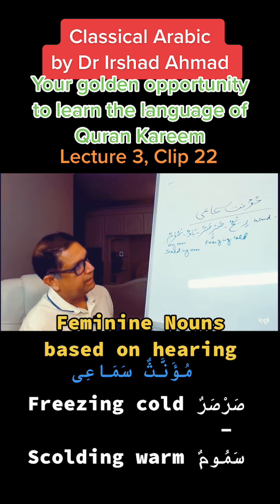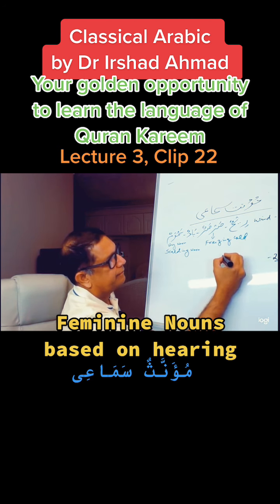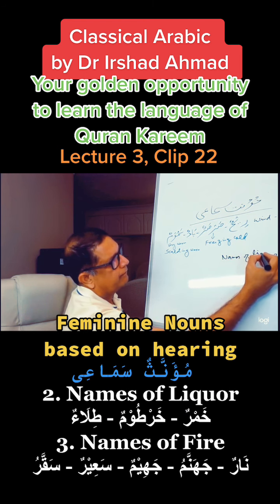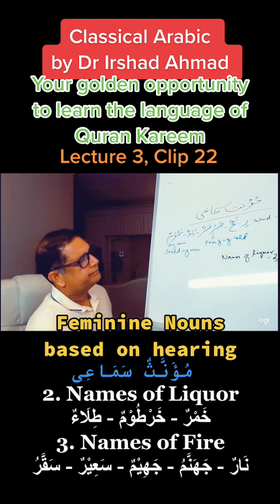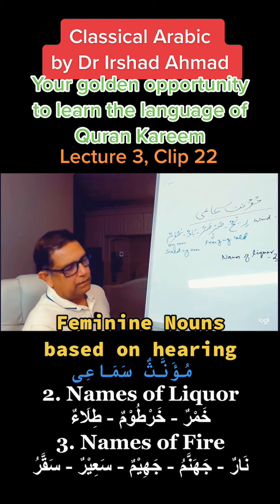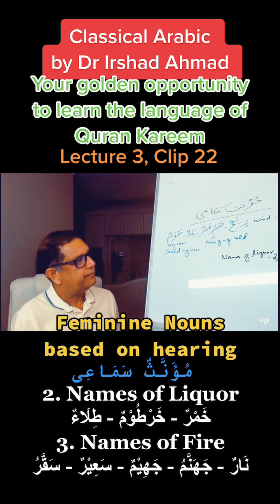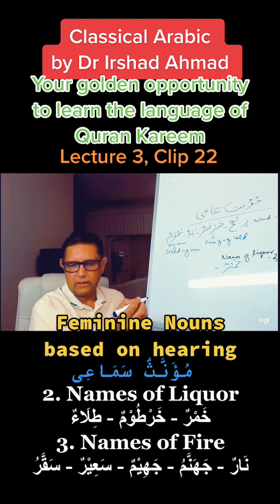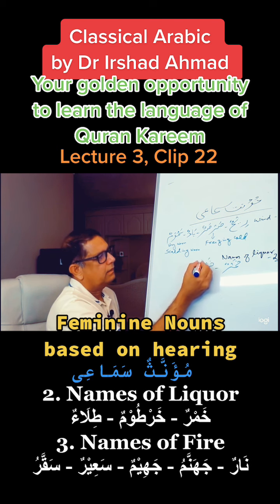The second group is names of liquor. And there are a few words which have been used in Quran, such as khamr, khamrun, khartumun, khartum.